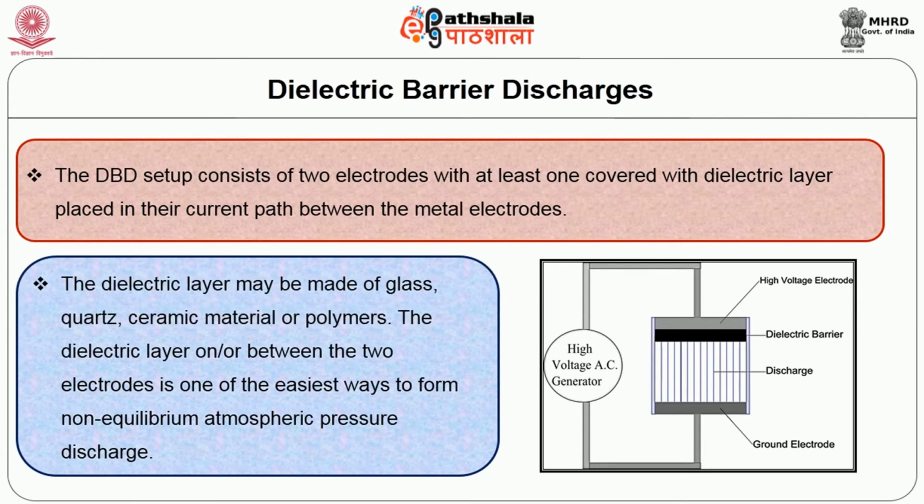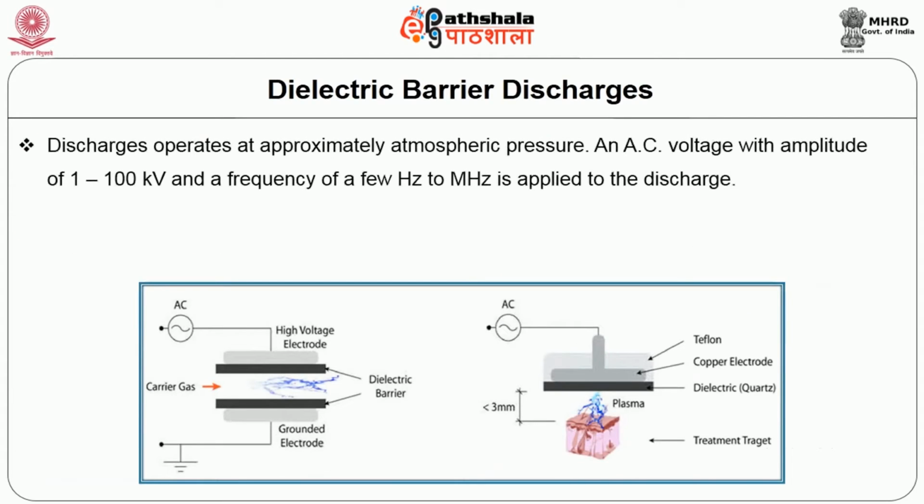The dielectric layer may be made of glass, quartz, ceramic material or polymers. The dielectric layer on or between the two electrodes is one of the easiest ways to form non-equilibrium atmospheric pressure discharge. This type of discharge operates at approximately atmospheric pressure, typically 0.1 to 1 atmosphere.